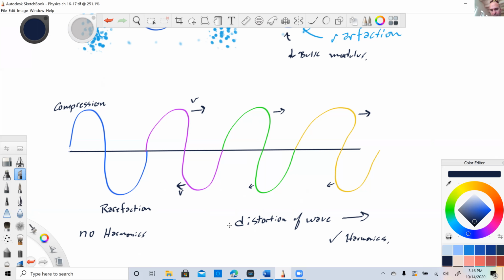This distortion, by the way, sometimes is called a sawtooth distortion. So what does that mean?